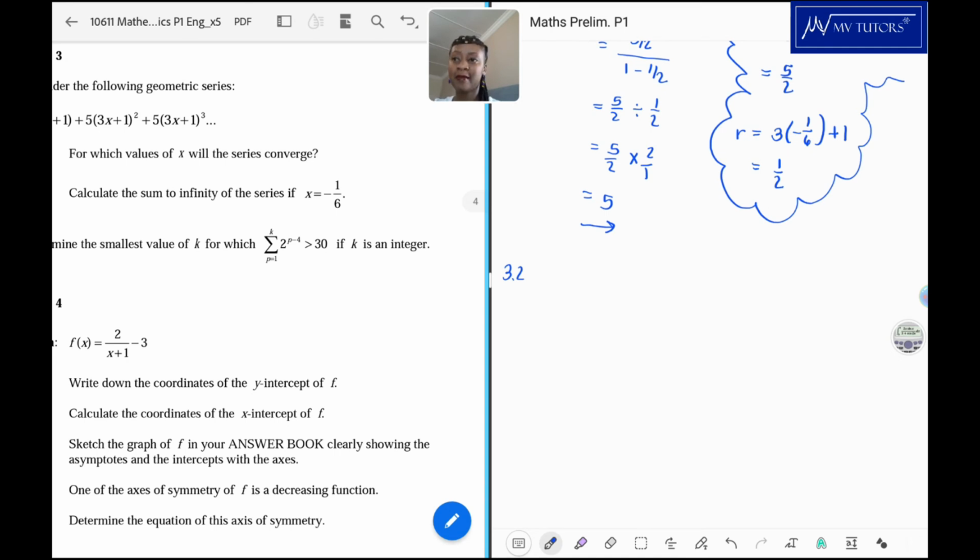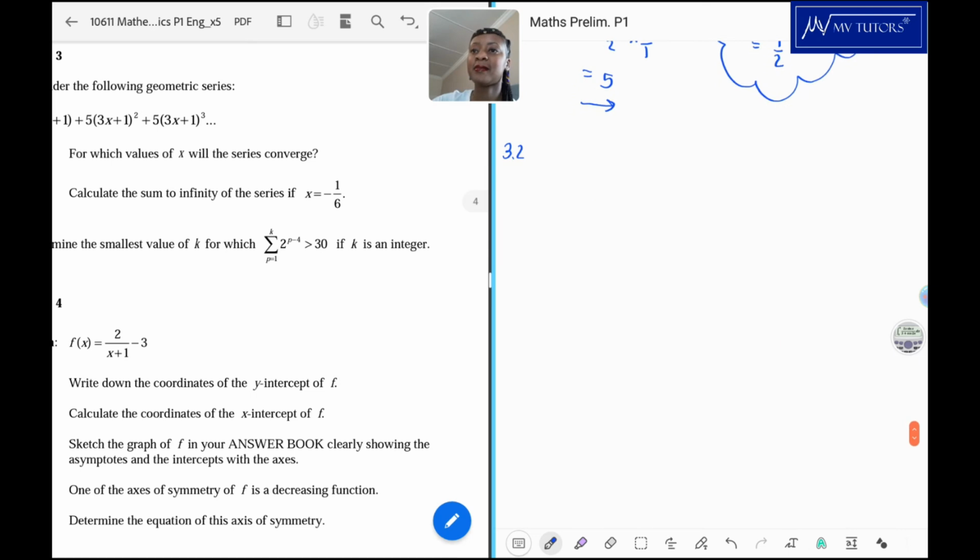So what are they saying? In essence, remember, sigma is like saying the sum of. So they're saying the sum of a geometric series has to be bigger than 30.